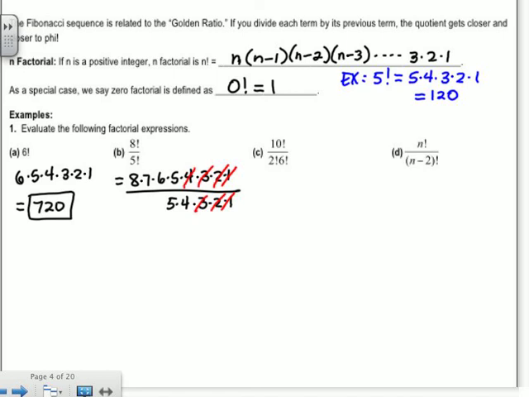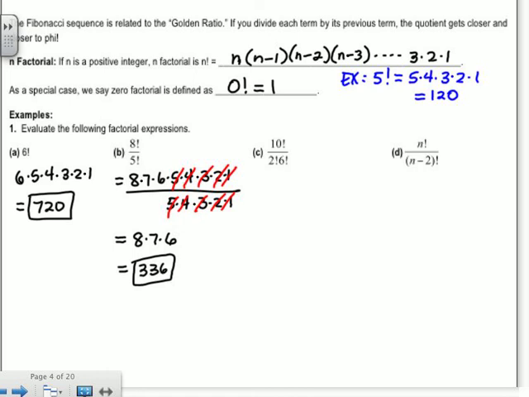All those would cancel, so it would just be 8 times 7 times 6. Did anybody find that? 336. Thank you.